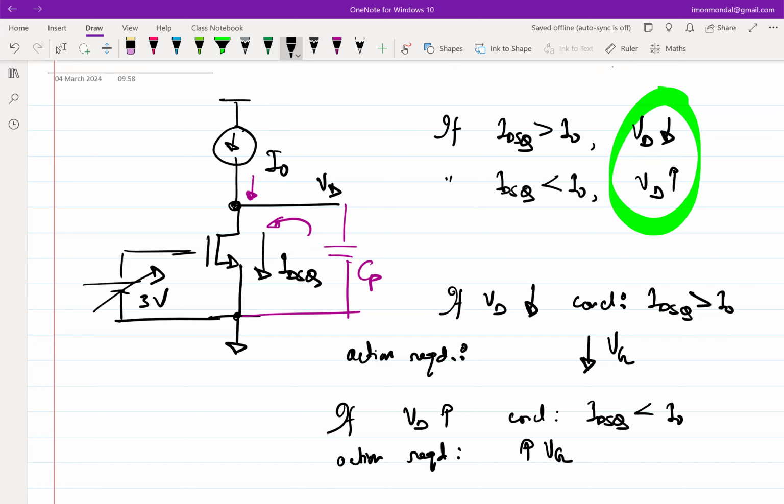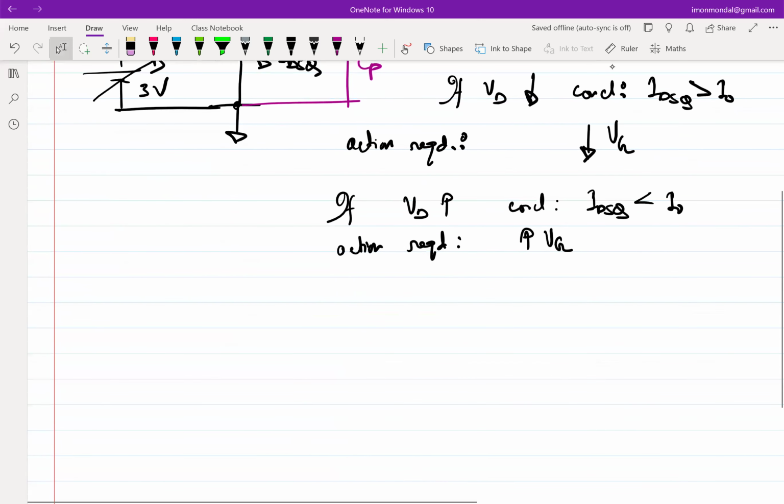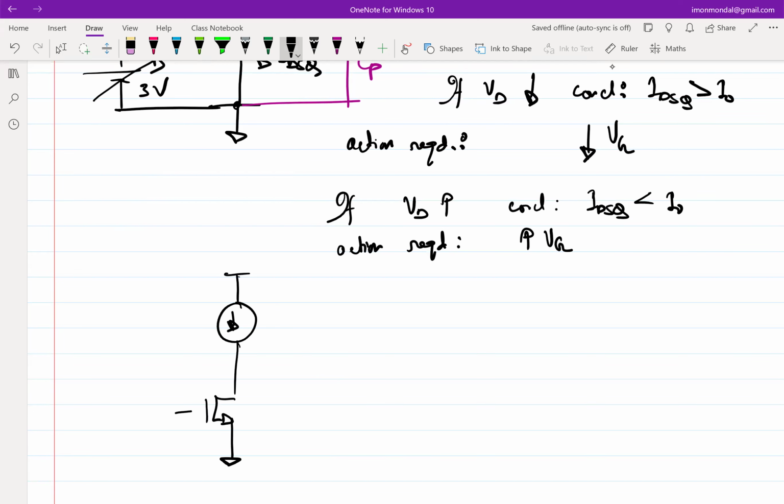Right? So the algorithm is: if the drain voltage increases, I need to increase the gate voltage. If the drain voltage decreases, I need to decrease the gate voltage, right?